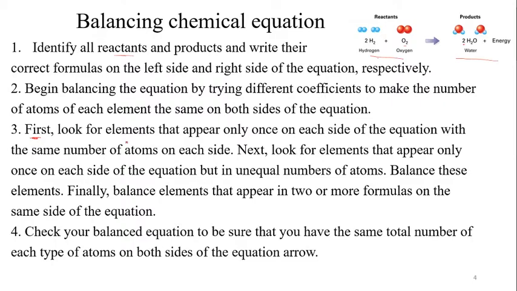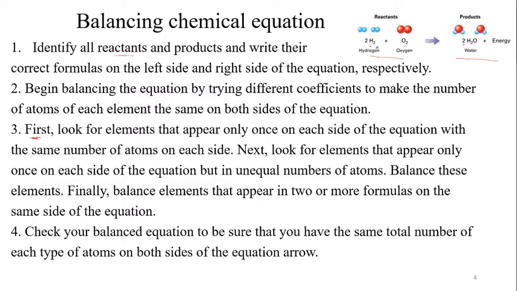So my first possible way is to look at the elements that appear only once on both sides of the reaction. In that case, I could see that both the oxygen and hydrogen appear on that side of the equation once.